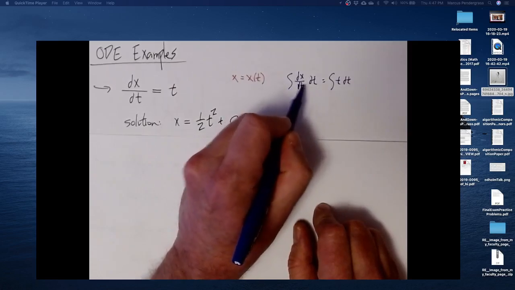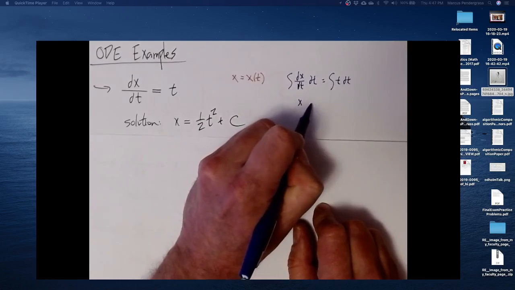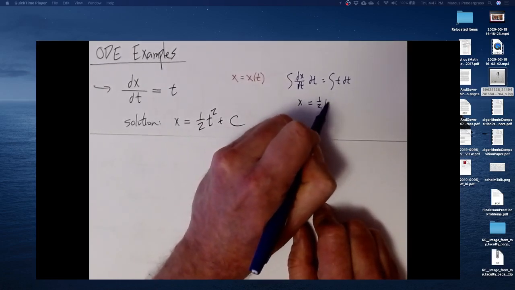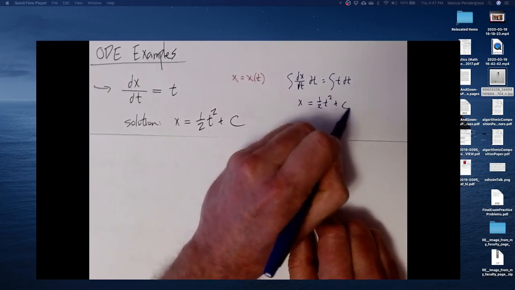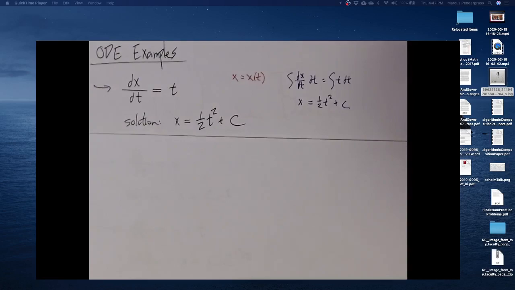The integral of x prime dt, of course, is just x, and the integral of t dt is 1/2 t squared plus c. So that's where that constant c comes from, sort of in a formulaic sense. So that's pretty easy.